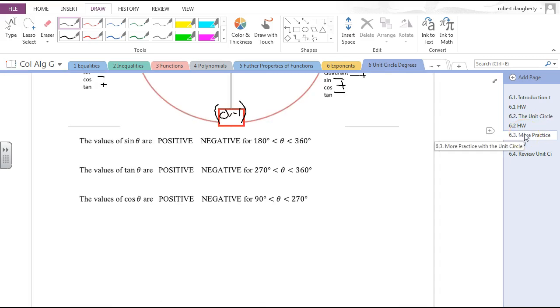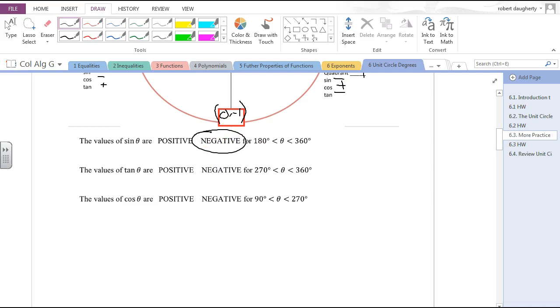The values of sine, what are they between 180 and 360? 180 to 360 are which quadrants? 3 and 4. Sine is negative in 3 and 4. What about the tangent between 270 and 360?